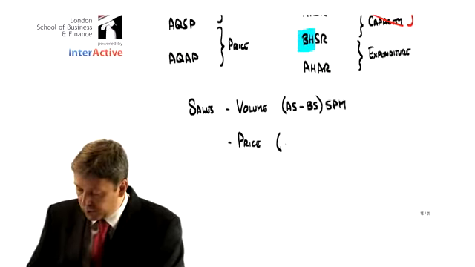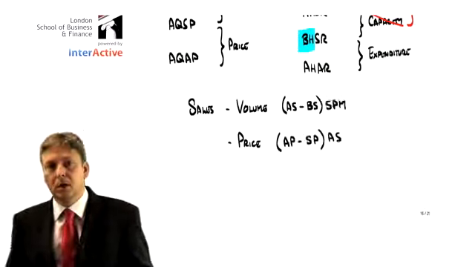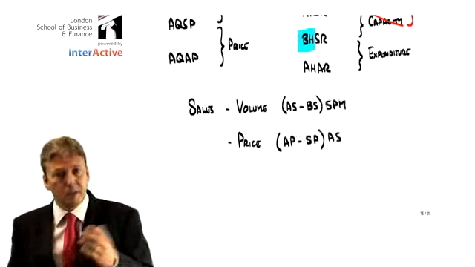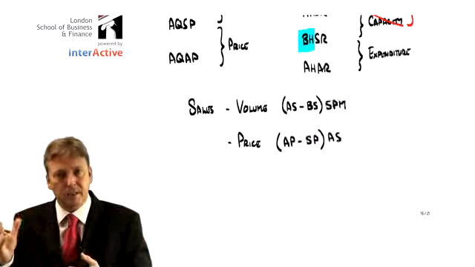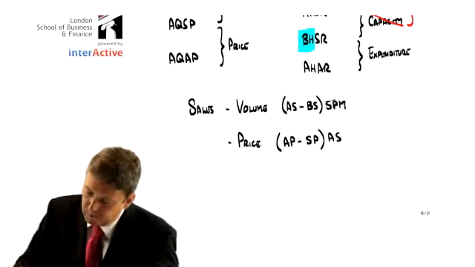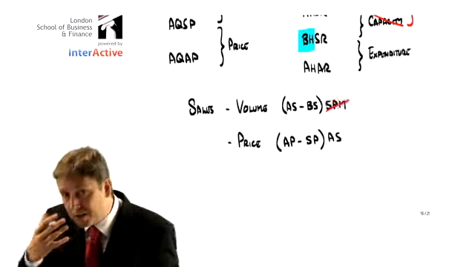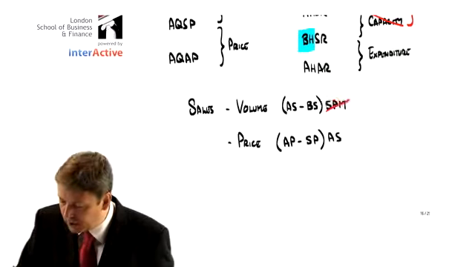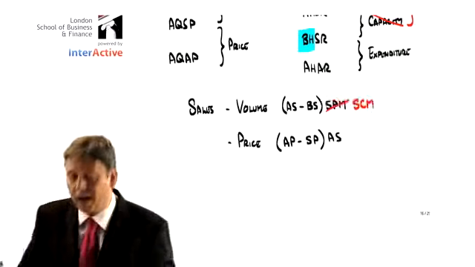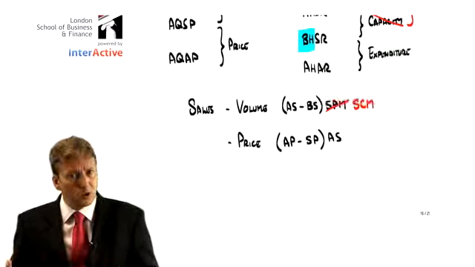The price variance, we said, actual price minus standard price multiplied by actual sales. If you work them through, if it's positive, it's favourable. If it's negative, it's adverse. Keep it simple. And the only thing we have to remember, of course, is if we're looking at marginal costing, we don't value at standard profit margin. Instead, we value at standard contribution margin. So it's not too bad.